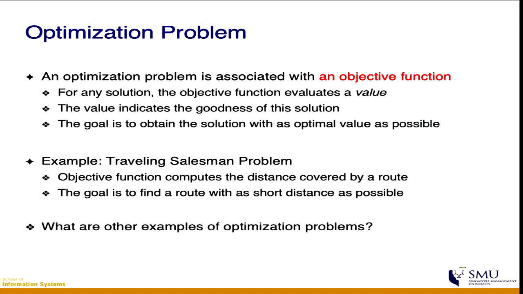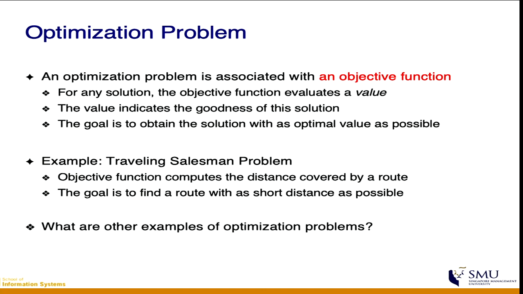This is the so-called objective function, and we want to minimize it. We can seek solutions that give us a smaller value of the distance. The very best one is called the optimal solution. So in traveling salesman, the goal is to find a route with as short a distance as possible.